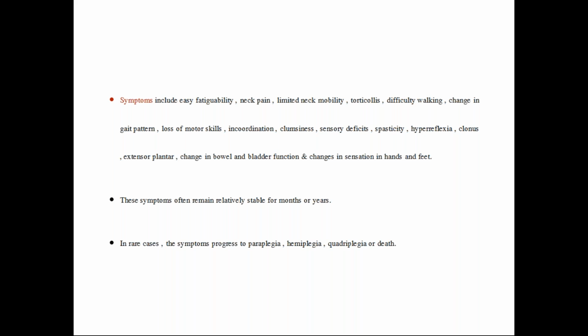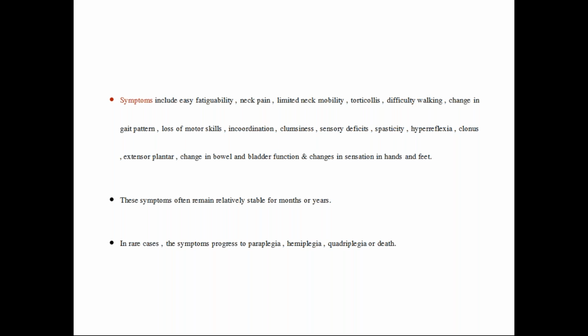These symptoms often remain relatively stable for even months to years, and in rare cases, the symptoms may progress to paraplegia, or hemiplegia, or quadriplegia, or death. So these are the symptoms. Most important are motor incoordination.